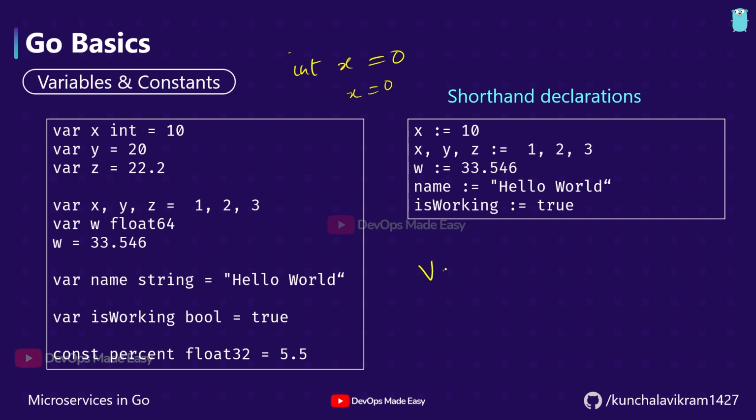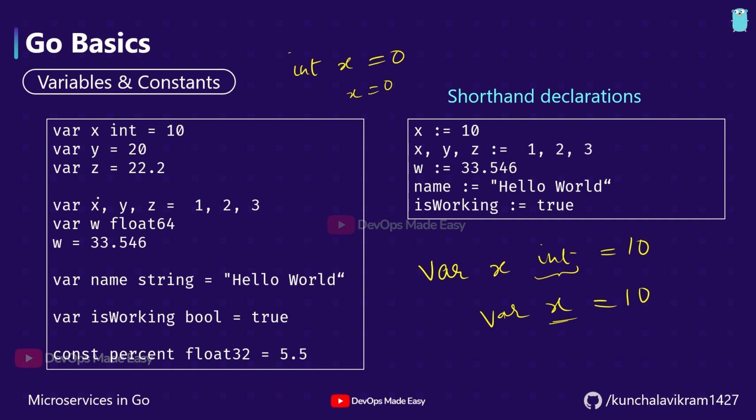It is using the var keyword and the name of the variable. Let's say it is x and the type. The type is integer, and then you're going to initialize it. The type is not mandatory. You can even use var x is equal to 10. Go is intelligent enough to declare x as integer. There are other ways as well.